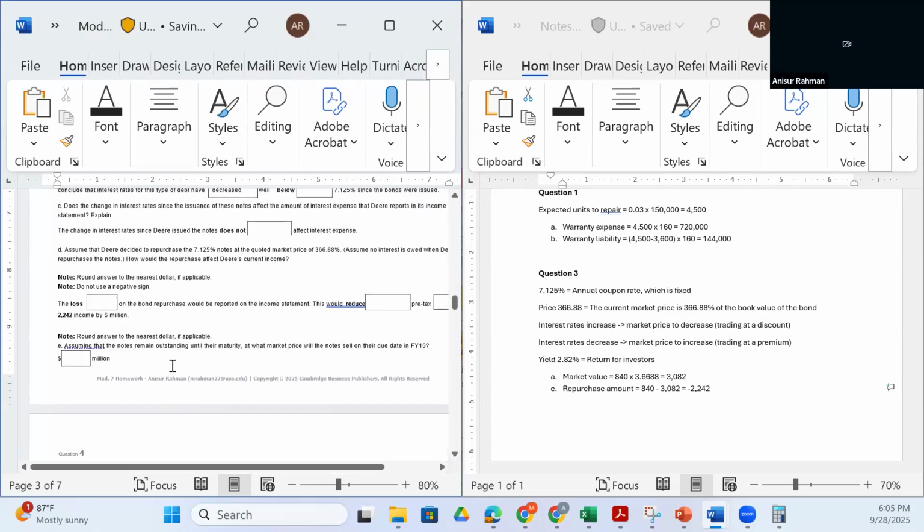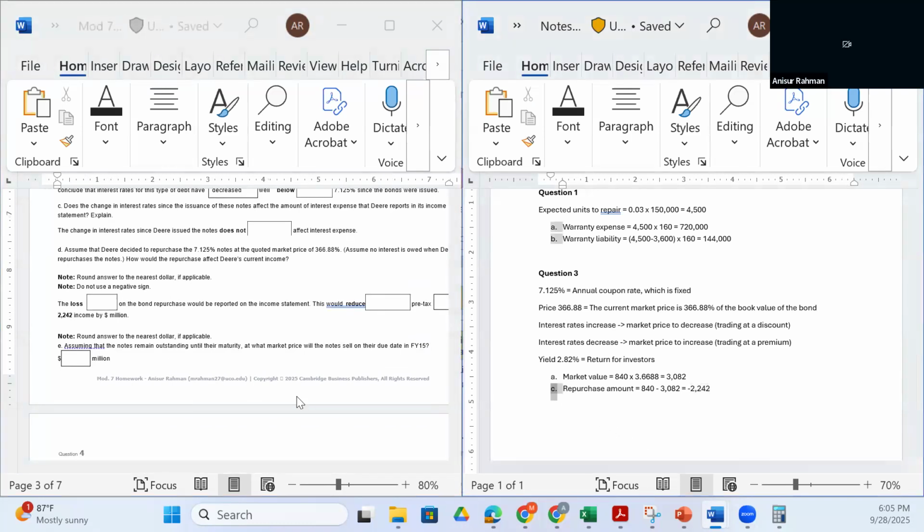Now part E. So that was actually not C, that was D. Assuming that the notes remain outstanding until their maturity, at what market price will the notes sell on their due date?